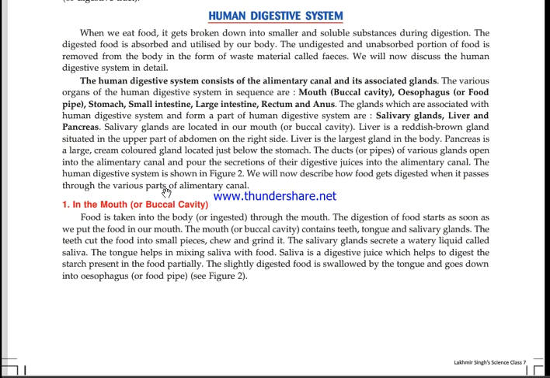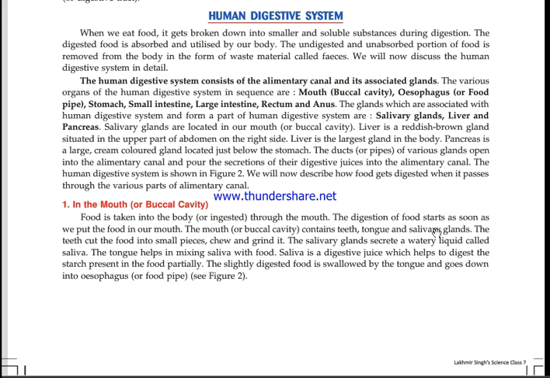First of all, food is taken into the body through our mouth, and in the mouth the food starts to break down into small pieces with the help of our teeth, tongue and salivary glands.